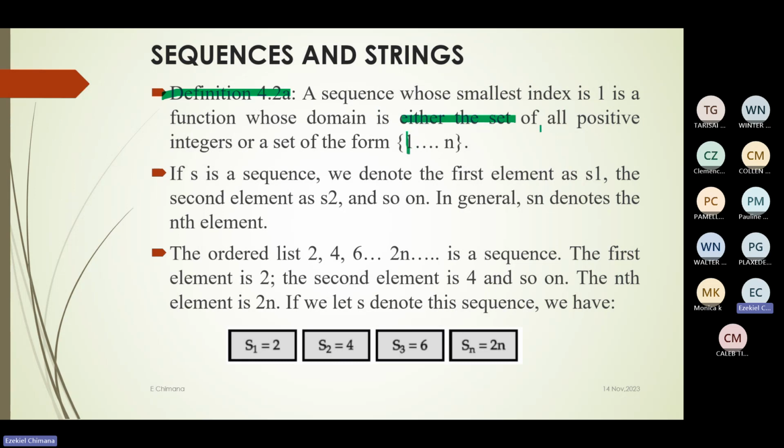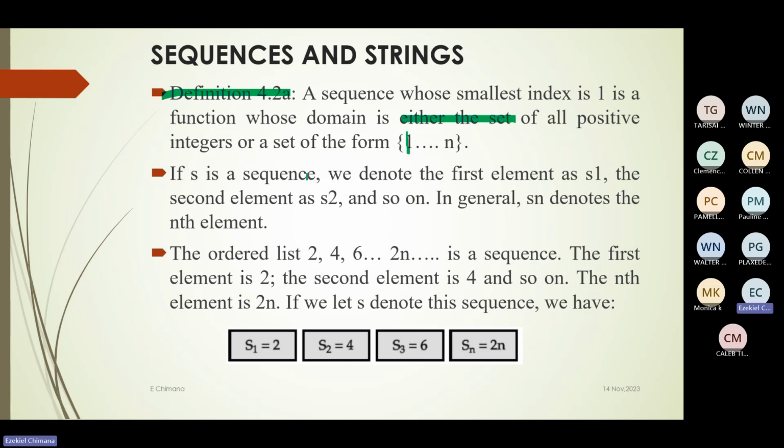We are saying if you've got a sequence whose smallest number is 1, it means it's a sequence which contains positive integers, starting from 1 up to n.